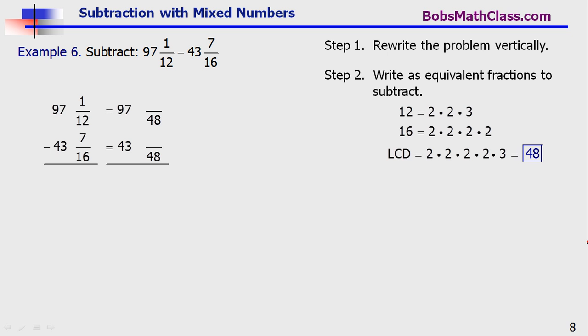So 1 times 4, and 16 is 4 2's. So if you cover up 4 2's in the LCD, you'll have a 3 left over, so it's 16 times 3. We have 4 and 21.